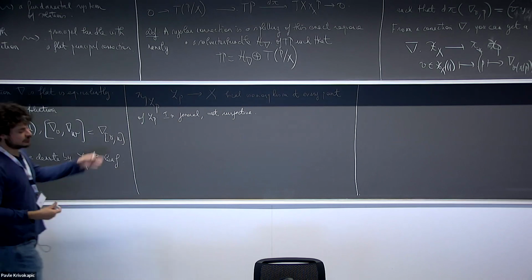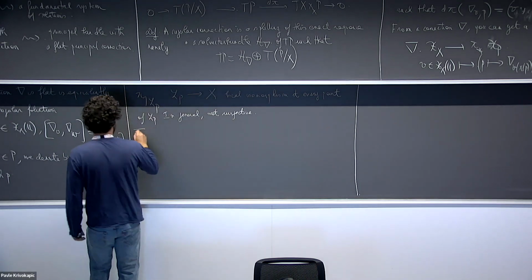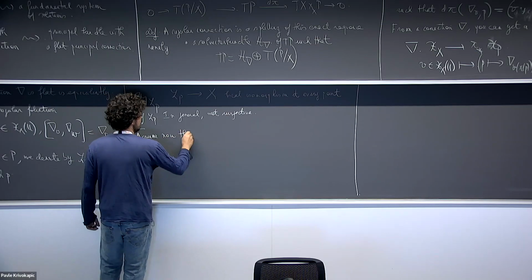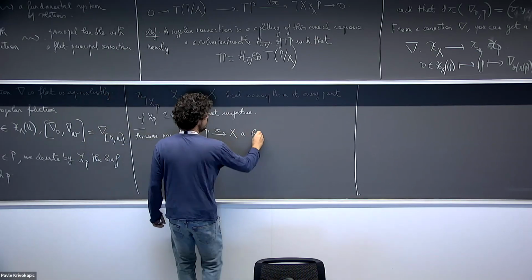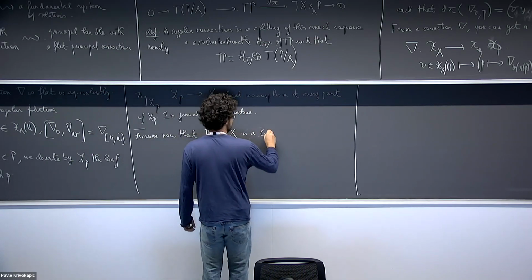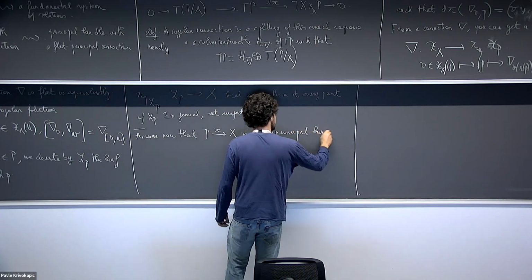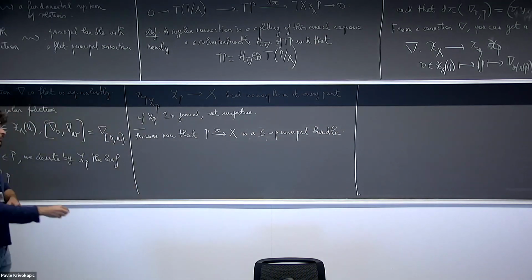Okay, so now let me add the G structure. So assume now that this is a G principal bundle. Okay, so what does that mean?